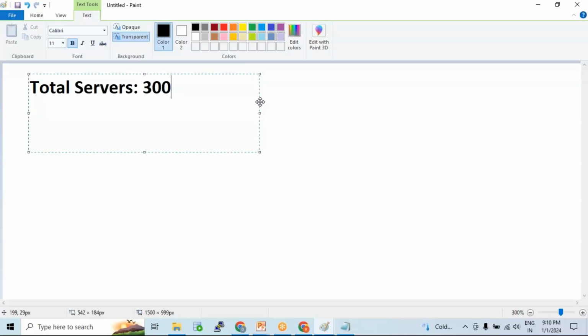In my data center, I purchased almost 300 servers. Now I want to configure the 300 servers with IP addresses, right? And my requirement is all these 300 servers should communicate with each other. I'm using these 300 servers for my business, the same business, right?